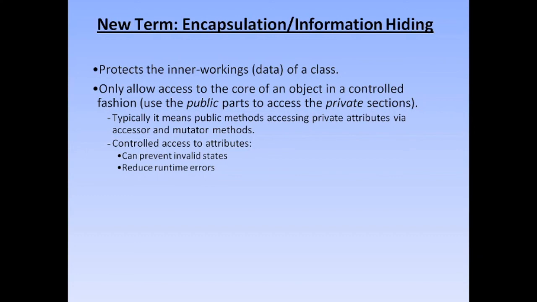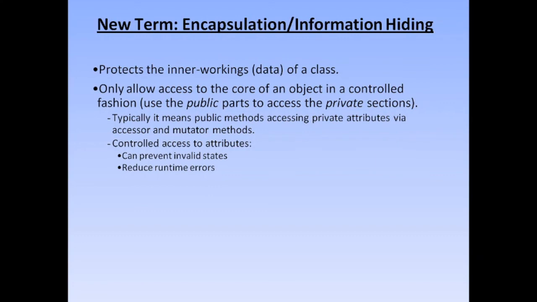Encapsulation simply means that we are grouping together, or making a capsule that contains attributes as well as methods that have the functionality to change or manipulate the attributes. So the attributes and the methods go hand in hand, and that is the main purpose of encapsulation.